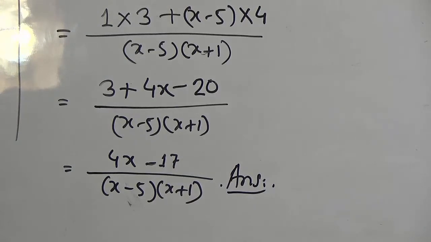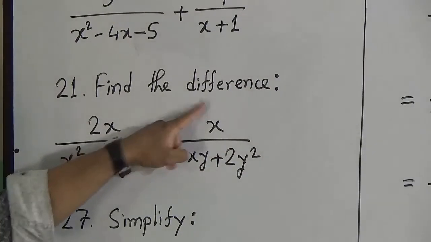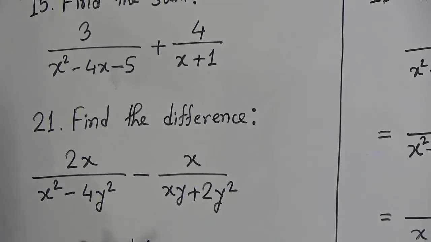Okay, now we will solve the next one. The next one is question number 21. Question 21 is find the difference. Okay, difference means you just find out the subtraction here. Twice x over x square minus 4y square minus x over xy plus twice y square. I am going to solve this one.